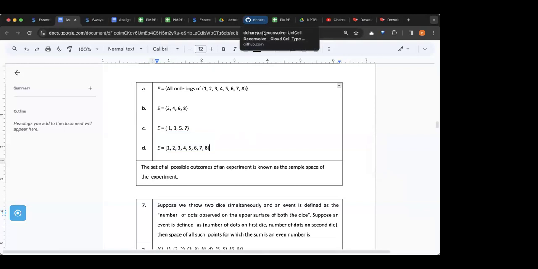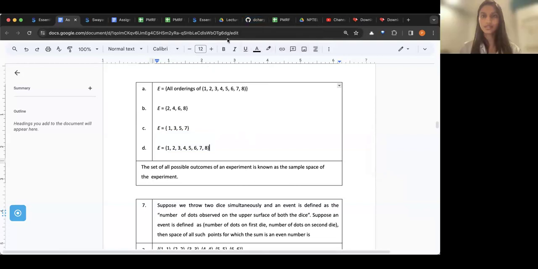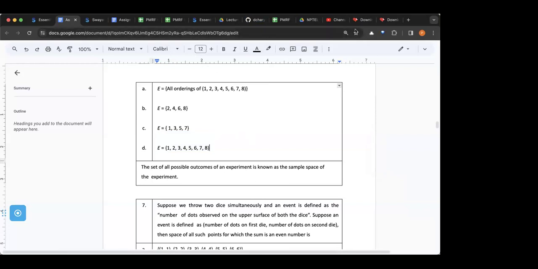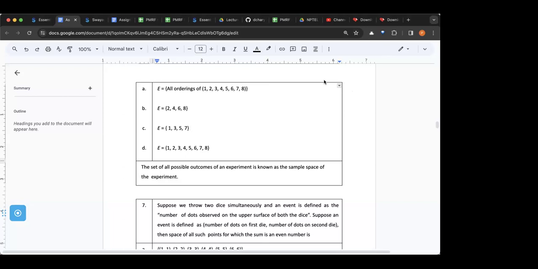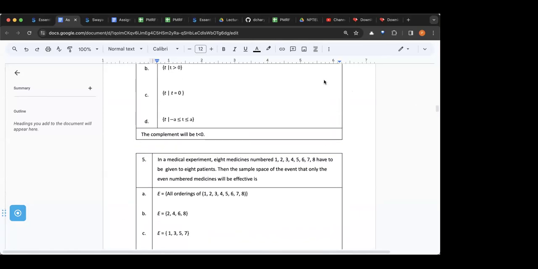Ma'am, I have one doubt, madam. Yeah, sure. Who's speaking? This is Vijayalakshmi, madam. Yeah, sure. Go ahead. For one example, I read yesterday regarding a probability dice problem. A fair dice thrown for 2 times.